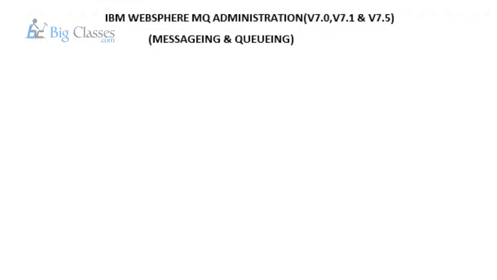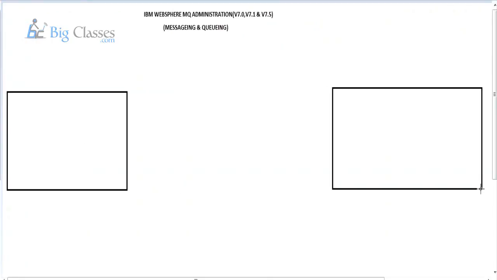Developers need to know implementation of MQ API to communicate with other applications by exchanging data as messages over IBM MQ servers. Look at here, Satish. Two distributed systems are hosted here. One is Windows and one is Linux.